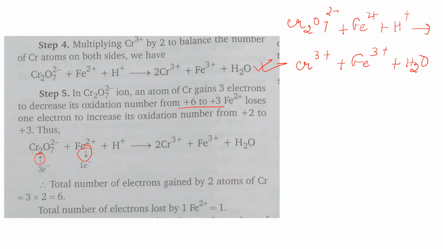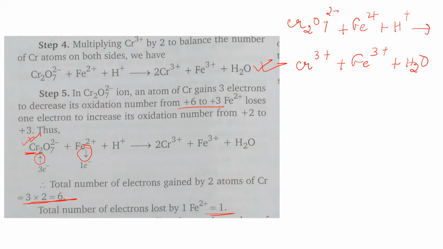Now I am having 2 chromium atoms because of Cr2, and each chromium atom is gaining 3 electrons, so 2 chromium atoms are gaining 6 electrons. Am I clear? But each iron atom is losing 1 electron.